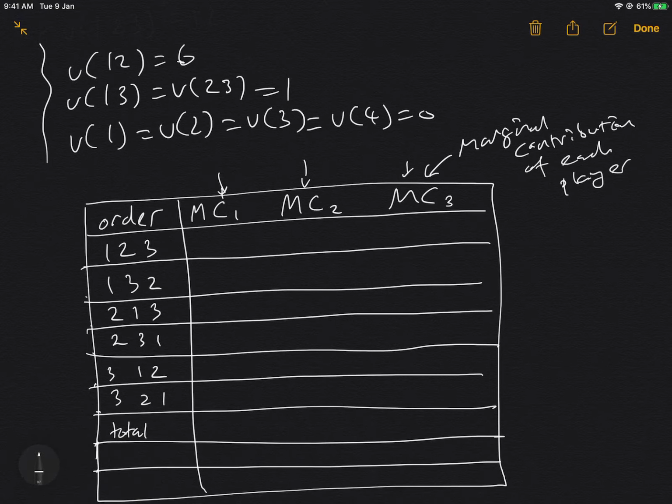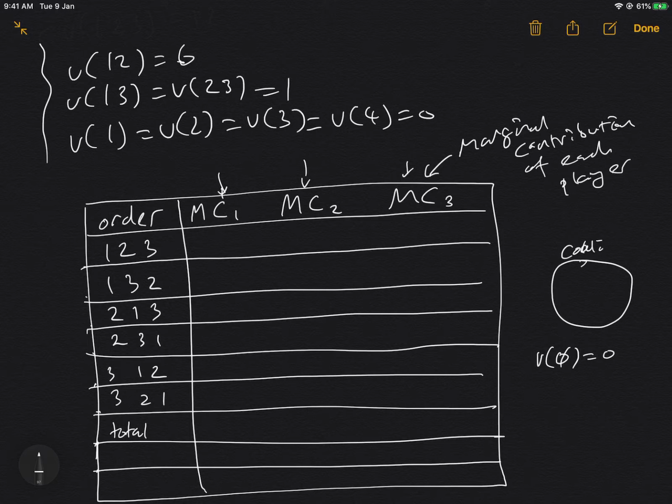And this order, so 1, 2, 3, is the order in which they're added to the coalition. So imagine that there's an empty coalition. Okay, so there is nothing. And by definition, the value of the empty coalition is 0.